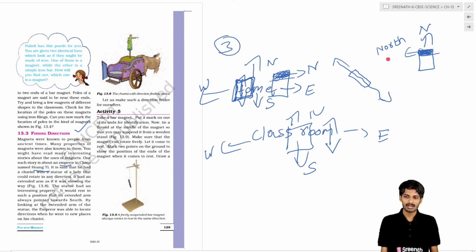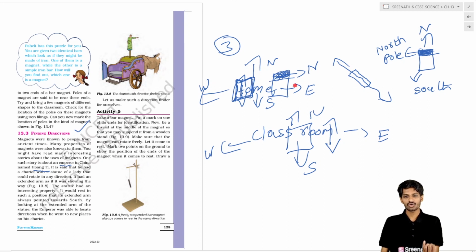The opposite pole, basically magnets have two poles, as we have previously learned, we call the south pole. Why? Because it is representing the south direction. Whenever you suspend this magnet, it is showing the south direction.